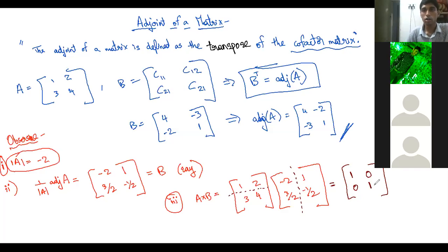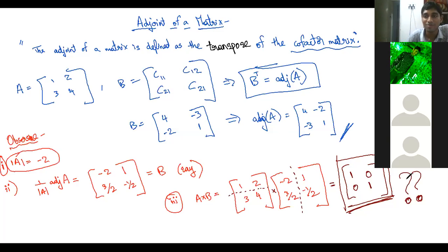Sir, you gave a random example. We were just playing around, and we just tried to multiply, and out of nowhere, how did identity matrix come? What is happening?